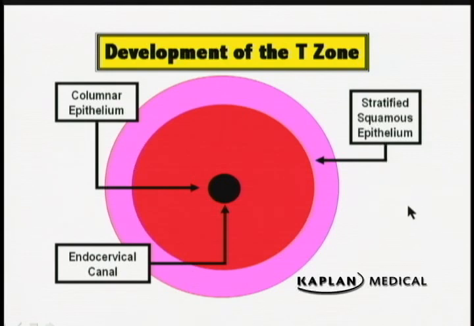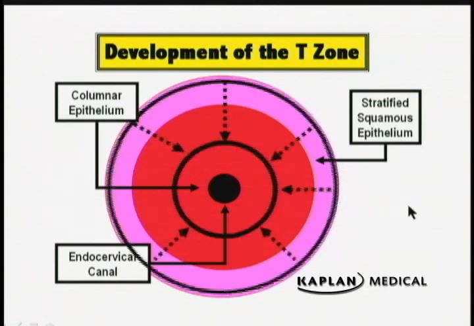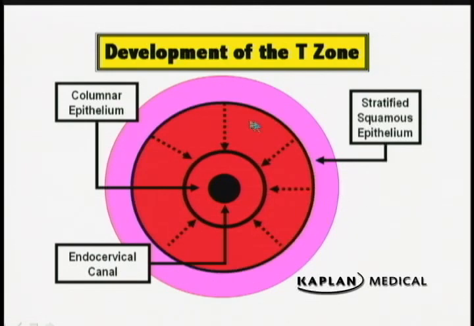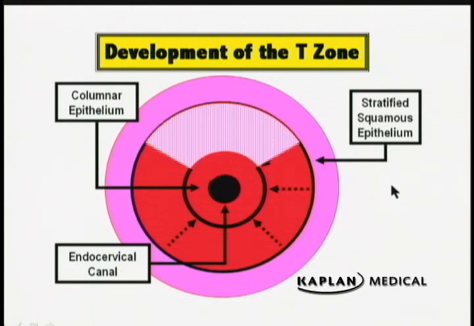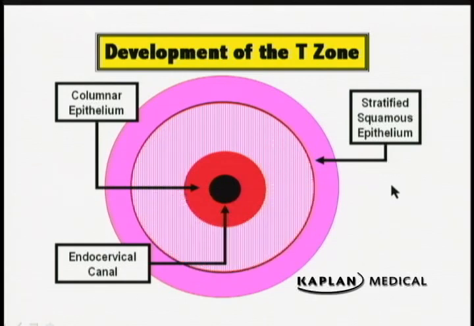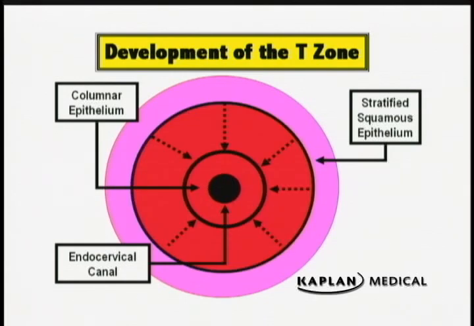Let me show you that again. It moves from the outer to the inner. This area between the two squamocolumnar junctions, the old and the new, is changed by metaplasia into squamous epithelium. Did you see that? Let me show it to you again.